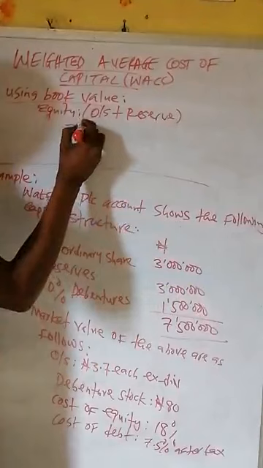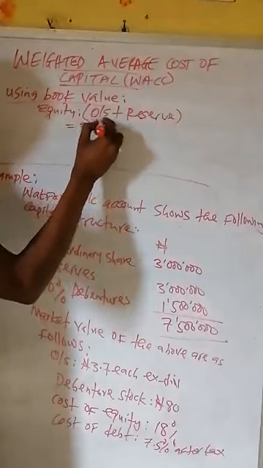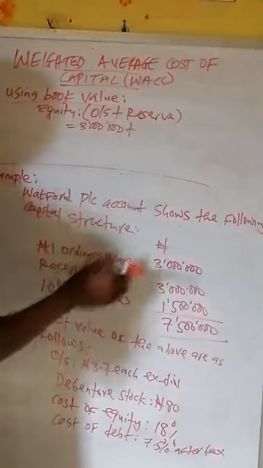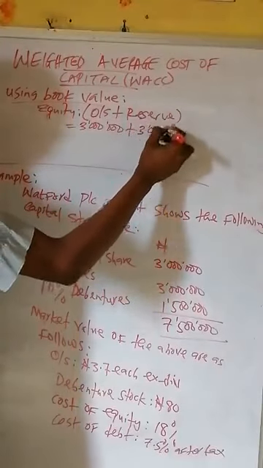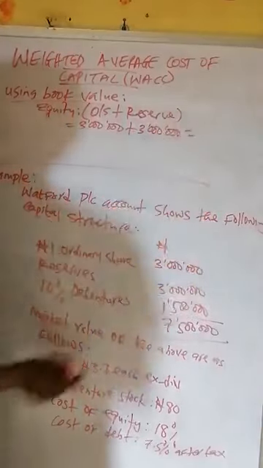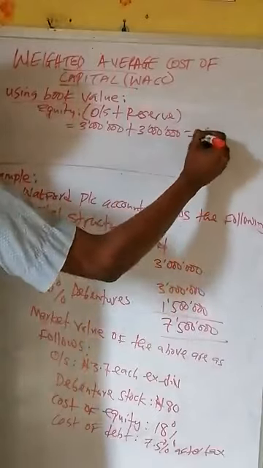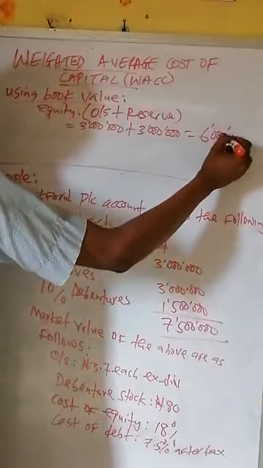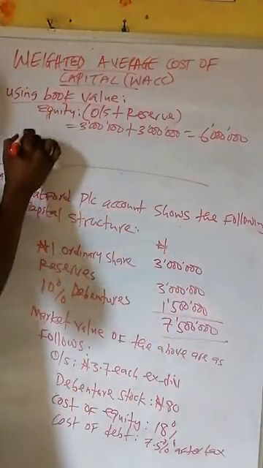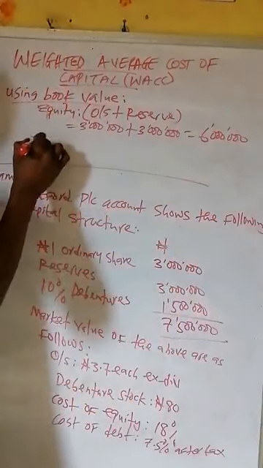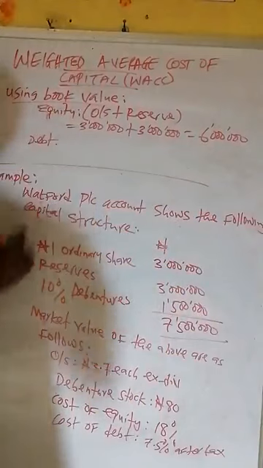Our ordinary shares are 3 million, plus the reserve, 3 million, which is equal to 6 million. So that is for equity. For debt, our debt doesn't change.